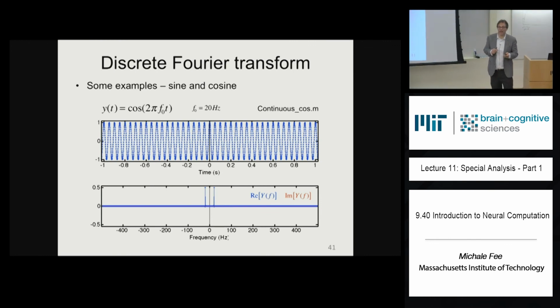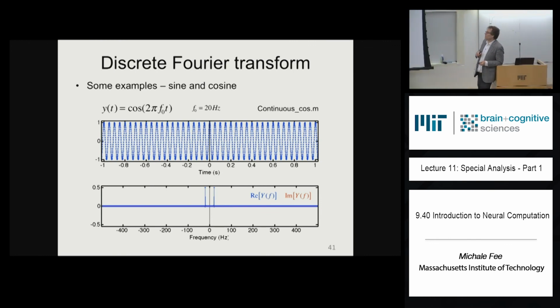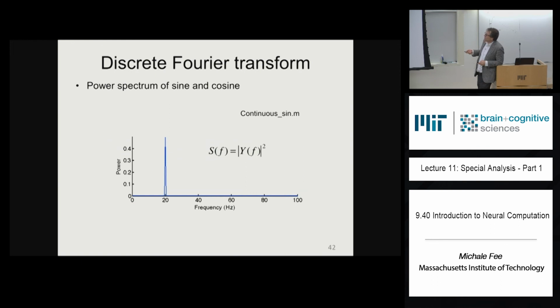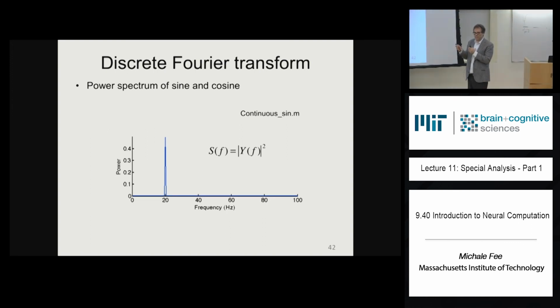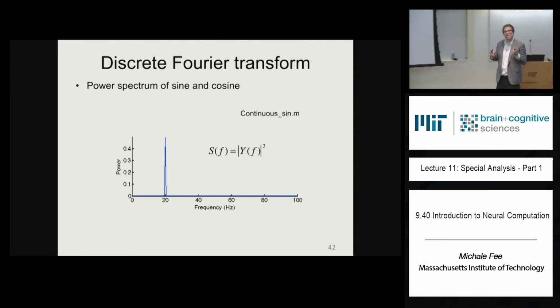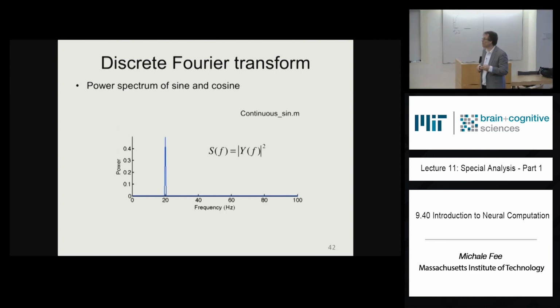Magnitude squared of i is just 1. So the power spectrum of a sine function looks exactly like this, same as cosine, which makes a lot of sense, right? Sine and cosine are exactly the same function. One's just shifted by a quarter period, right? So it has to have the same power spectrum. It has to have the same power.